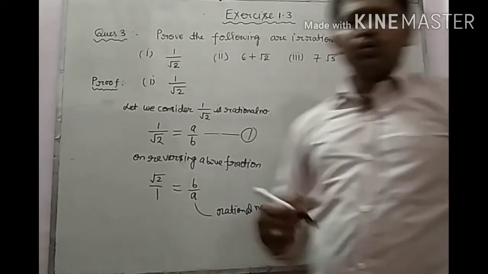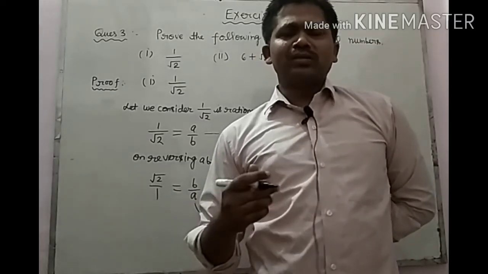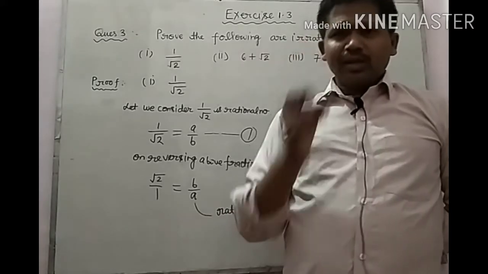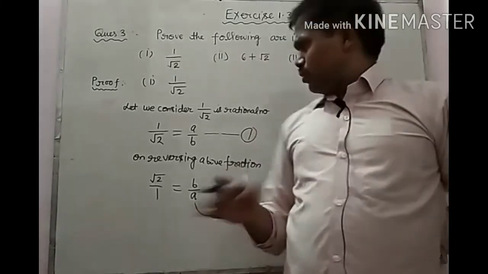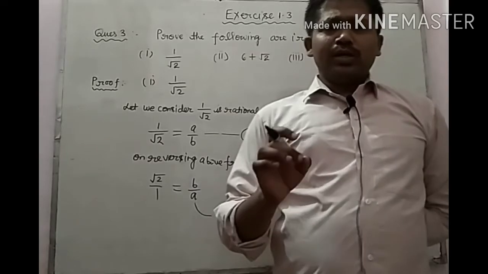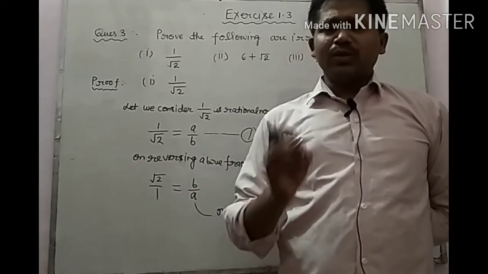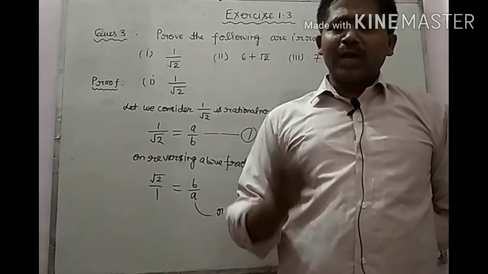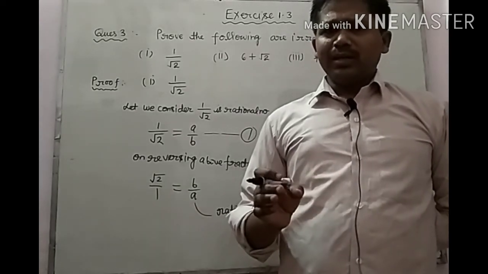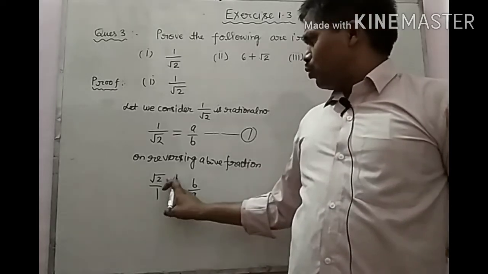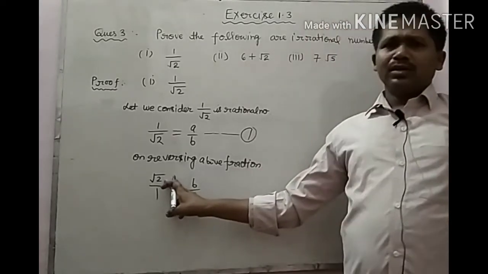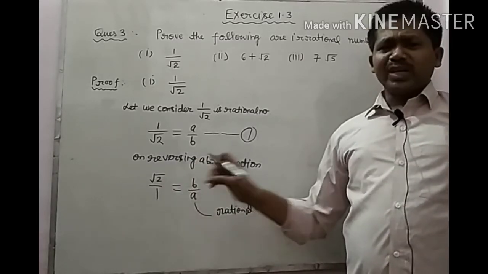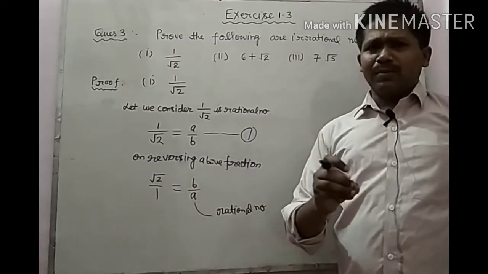And root 2, students, we know from the previous video that root 2 is an irrational number, since the square root of a prime number is irrational. Here 2 is a prime number, since 2 is divisible by 1 and itself only.